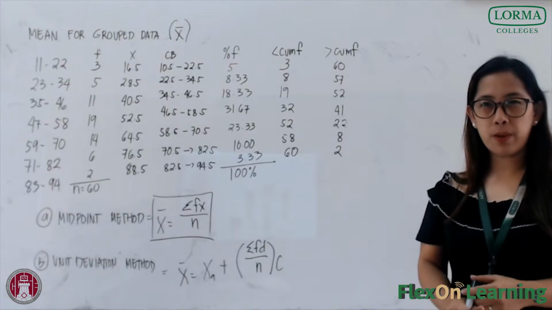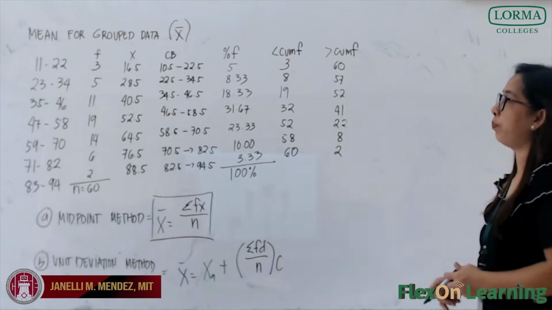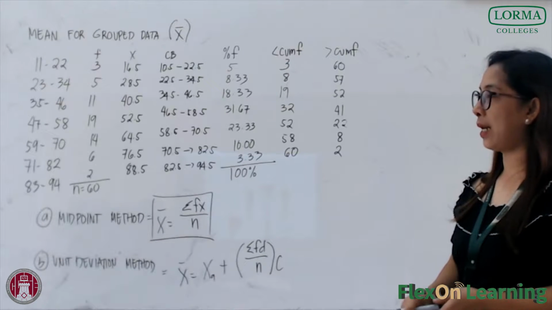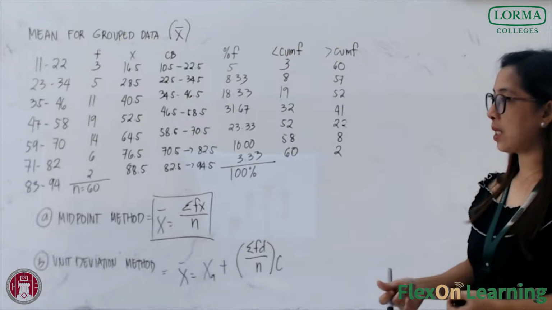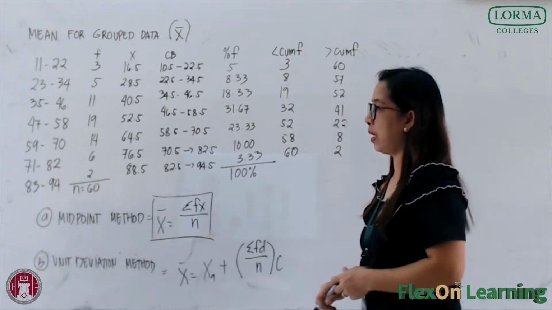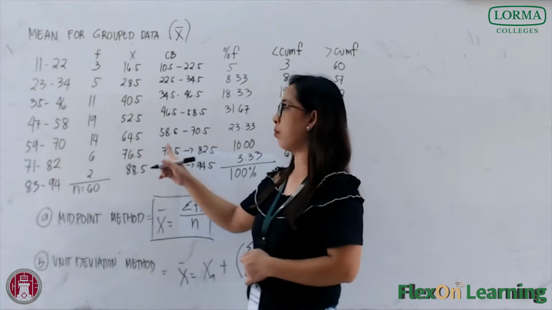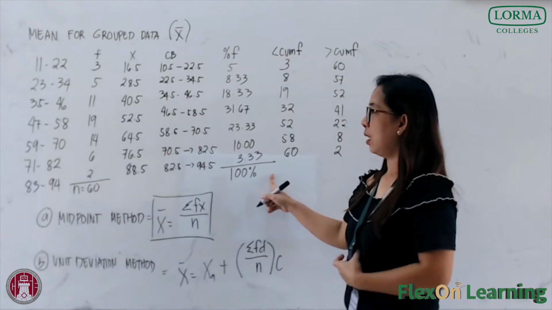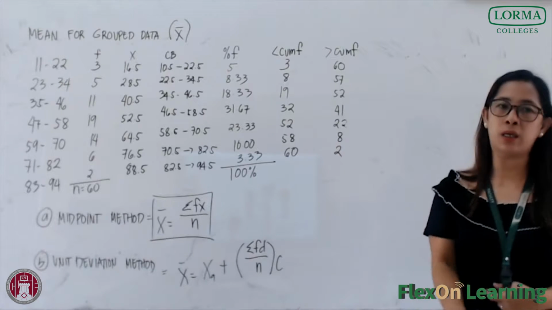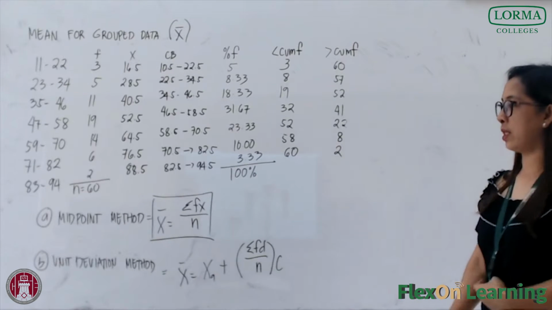Our next topic would be the mean for group data, wherein we have the example for the classes and the frequency, the previous examples on our frequency. So we have now completed the midpoint, the class boundaries, the relative frequency distribution, the less than cumulative, and then the greater than cumulative frequency distributions.